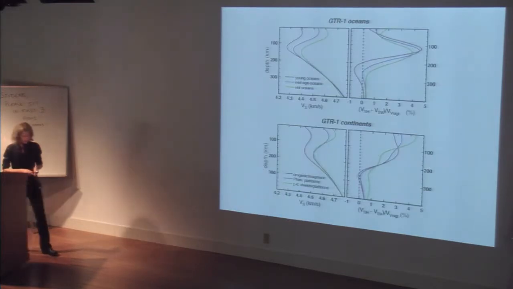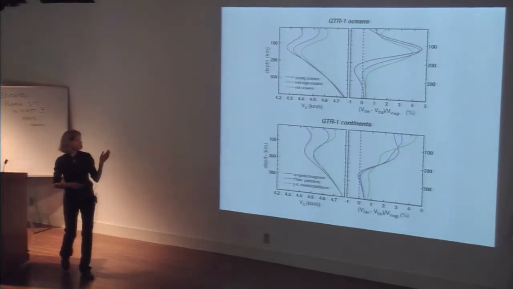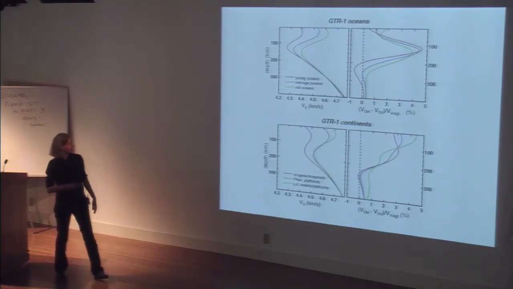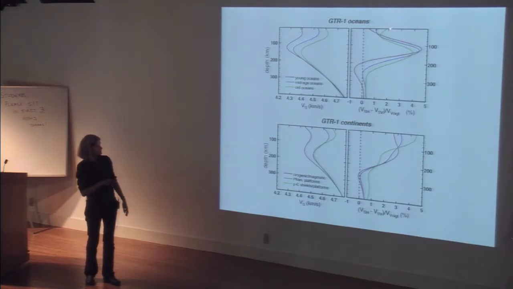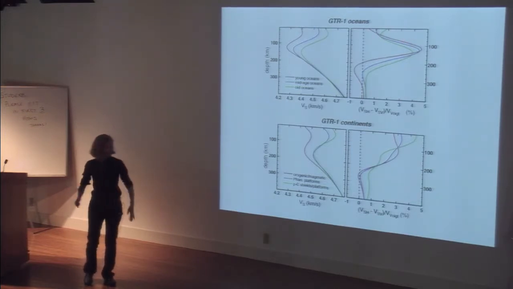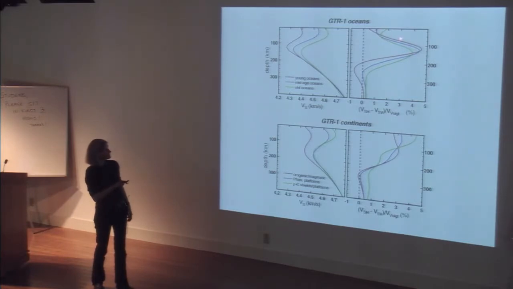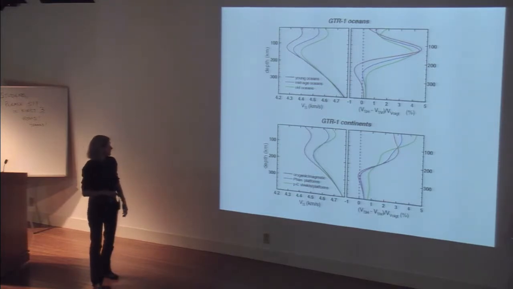And if we do an exercise like we did before with the regionalization for the isotropic velocity, and do that for the anisotropy, then typically, and some people are definitely going to argue with me about this, what we find is that the strongest anisotropy in the oceans is maybe just below the low velocity zone, somewhere between 100 and 150 kilometers depth.